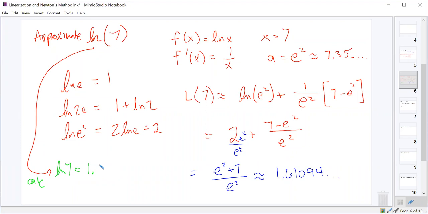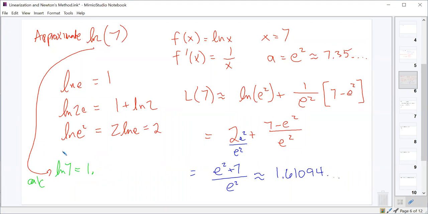Really? For the e squared plus 7 over e squared, I got 1.947, not 1.61, whatever. Somebody else get 1.9 whatever also? I think I made a mistake in my calculations on the calculator. Okay. All right. I'll change that one in a second.